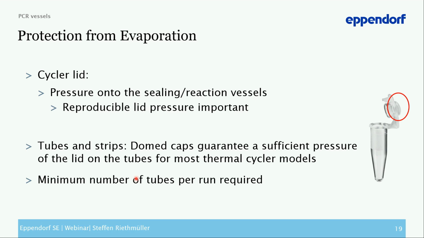So for Eppendorf cyclers, you need to use at least 5 tubes because if you use less, it can happen that the heated lid will smash the tubes and then your sample is lost. So that's why in the operating manual, you find that you should use at least 5 tubes. And also in the manuals of other cycler manufacturers, you find that information. It's quite important because otherwise you can lose your sample.